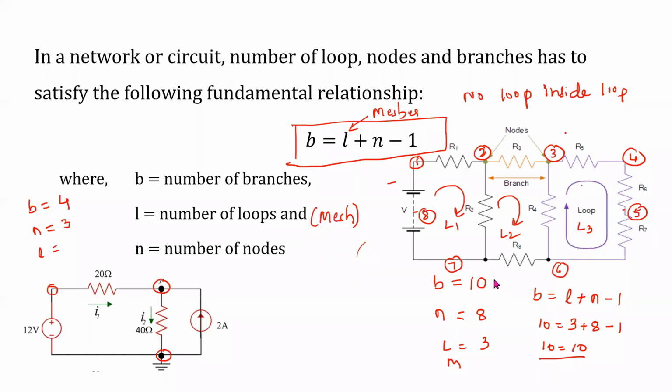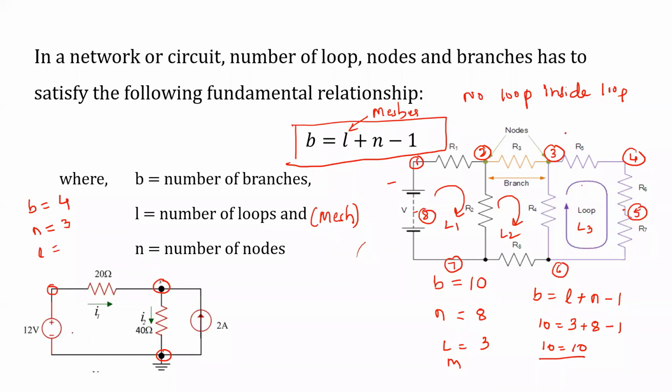If there are 3 loops, then how many meshes are there? Obviously, there are 3 loops but 2 meshes. For this formula, mesh should be considered, not a loop. How many meshes are available in this network?